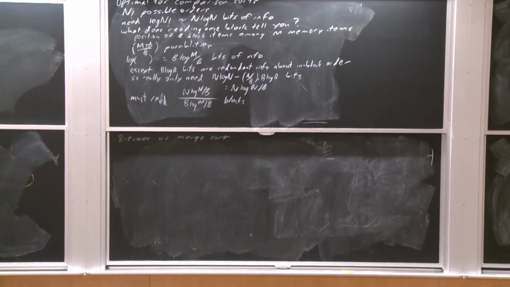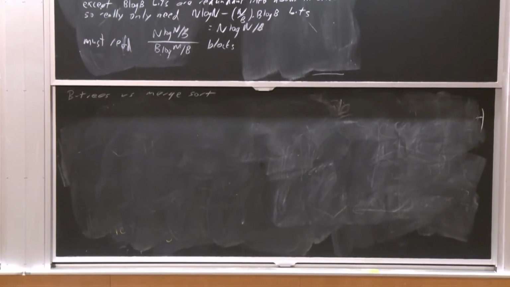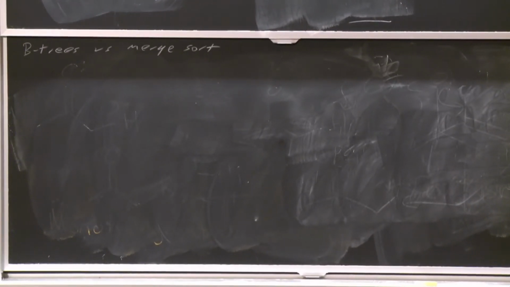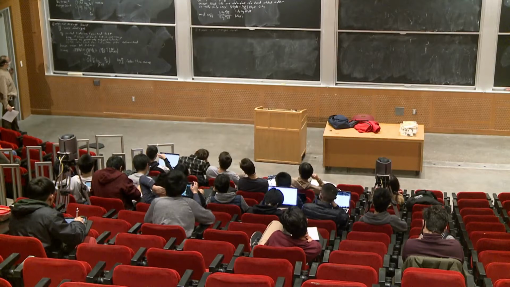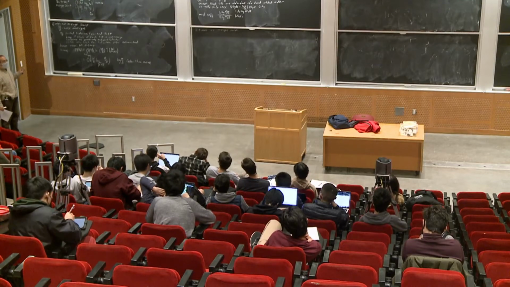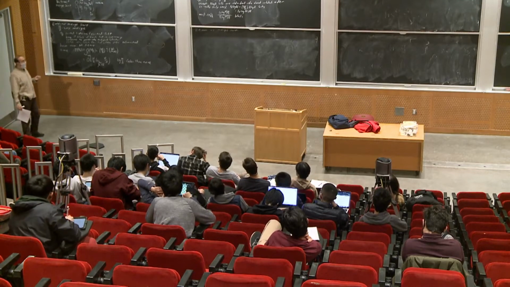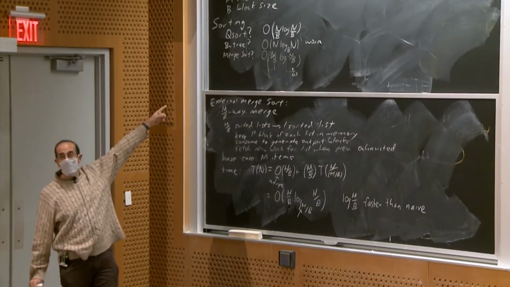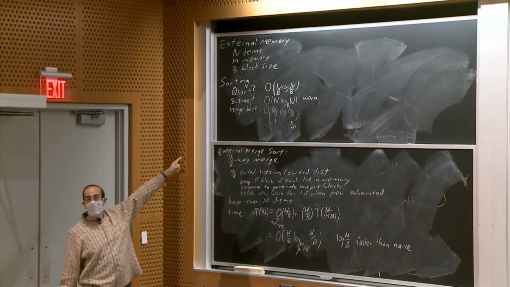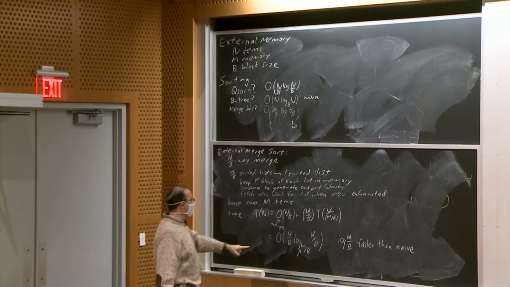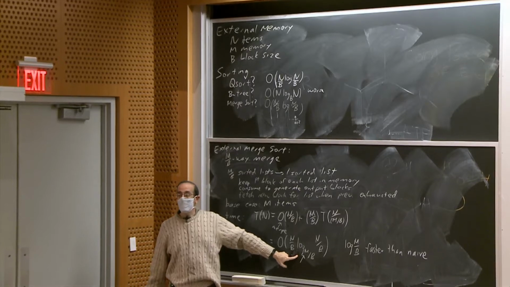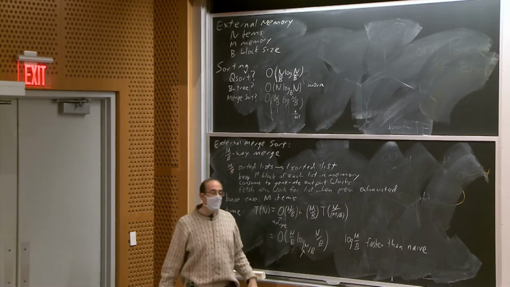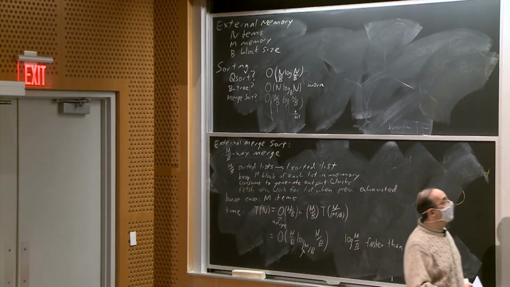You can do an insert in log n time, and that means you can sort in n log n time. But there's something weird going on, which is that B trees, the search tree for external memory, cannot be used to sort optimally, right? As we saw over here, a B tree costs you n log base B of n, which is much worse than the running time we see over here, right? So this is an odd little mismatch, okay?